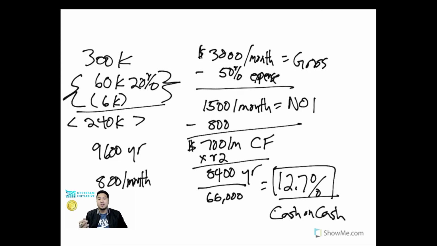Sometimes people say this is your cap rate as well. When you start getting into large multifamily deals, this is really how the cap rate is determined, and we won't go into that now.